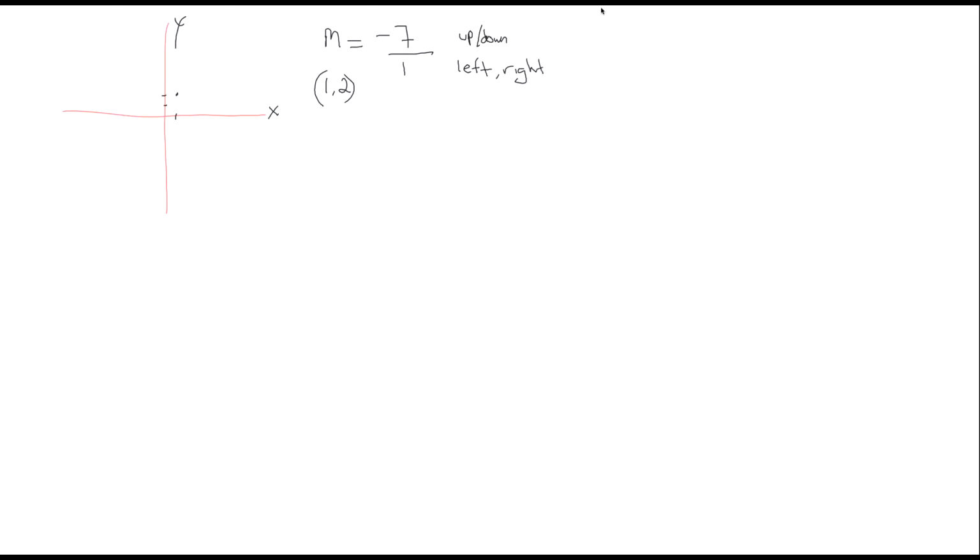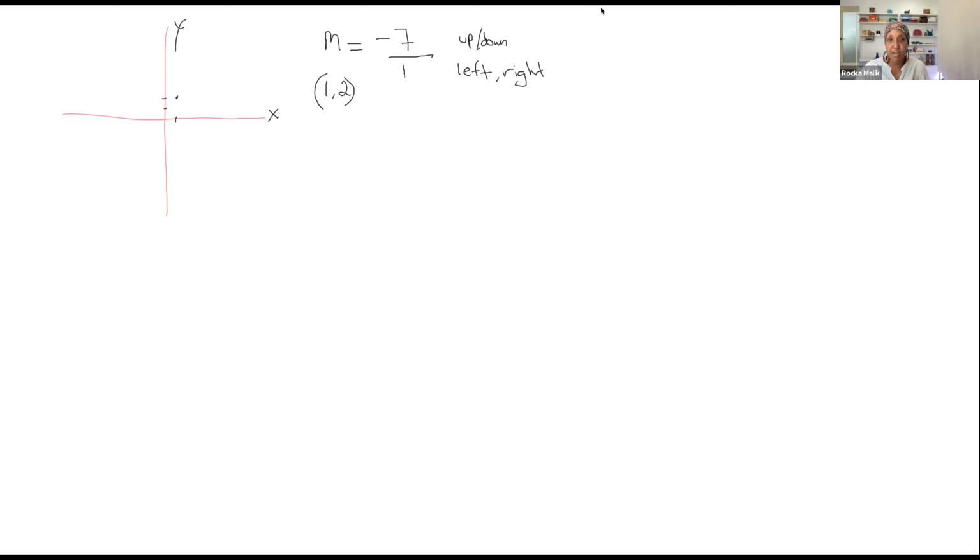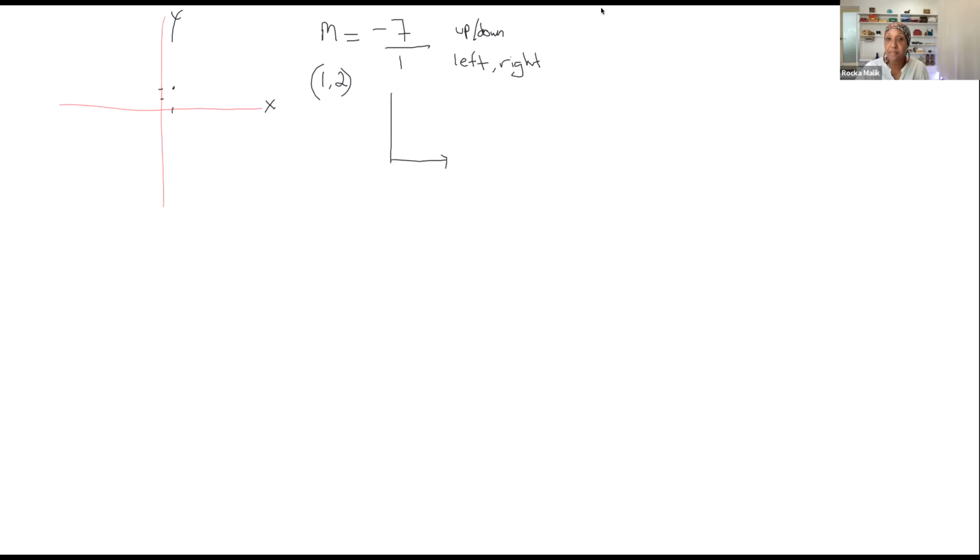I did down 7, 1 to the right and down 7. Okay, so now this is where life gets tricky. As long as the whole quantity is negative, I can go down 7 and to the right 1, or I can go up 7 and to the left 1.